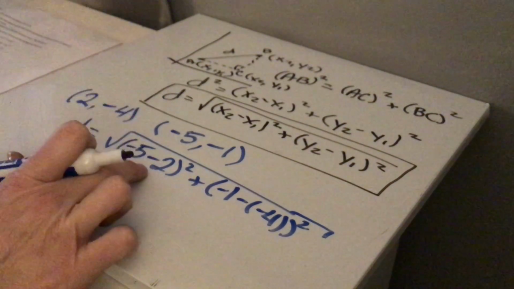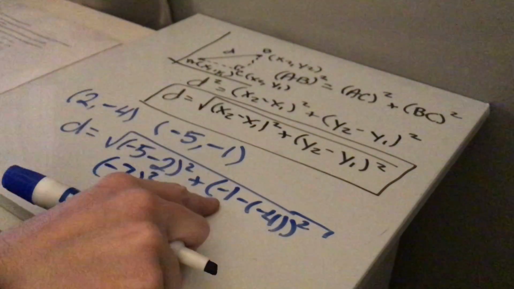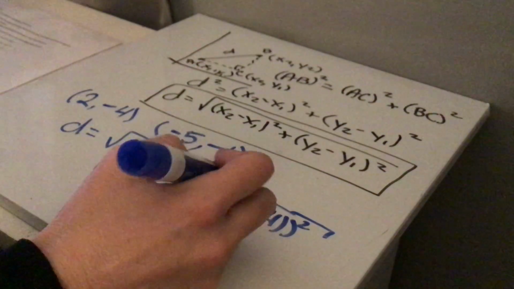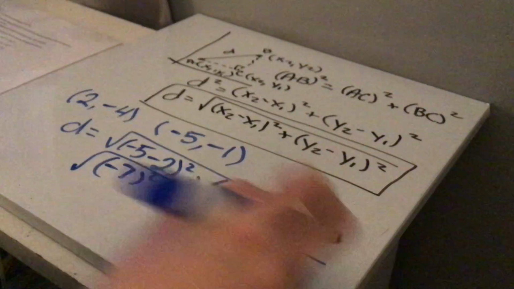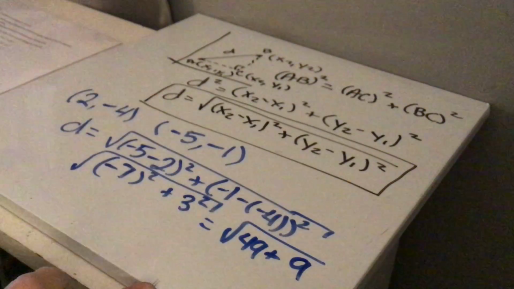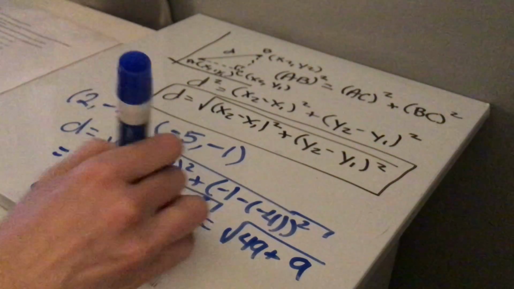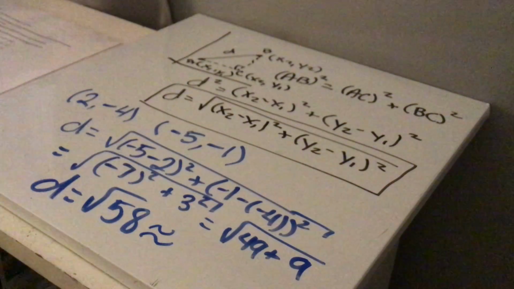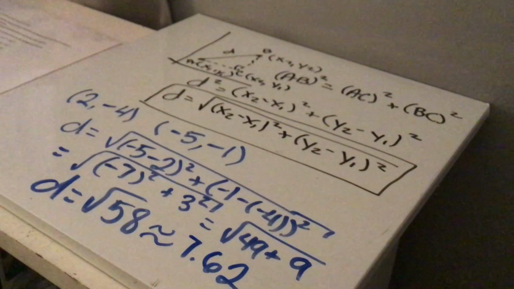So -5 minus 2 is -7. -1 minus -4, that's -1 plus 4, so that would be 3 squared. So we get the square root of -7 squared is 49, 3 squared is 9, so the square root of 49 plus 9 is the square root of 58.